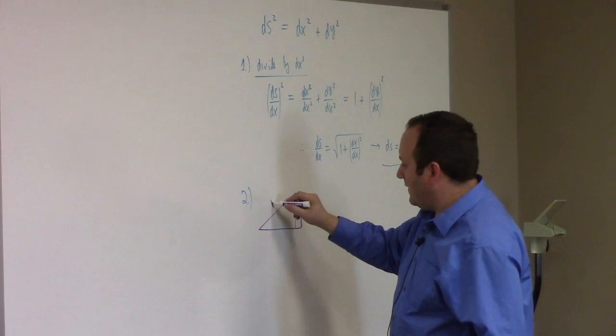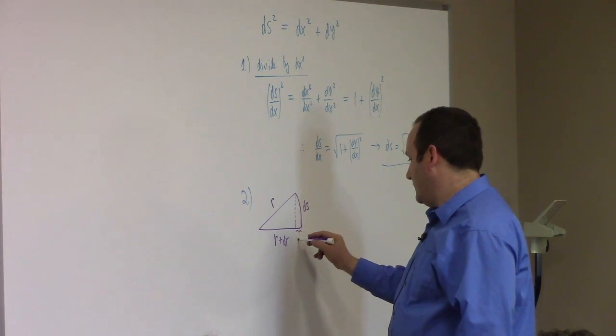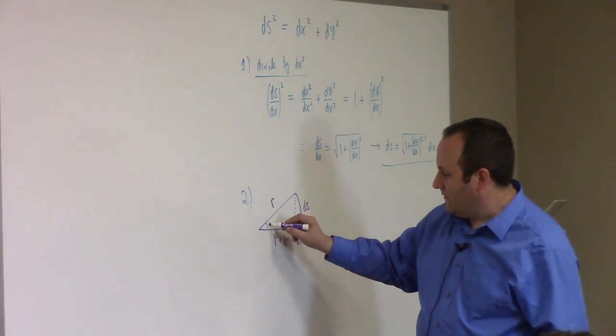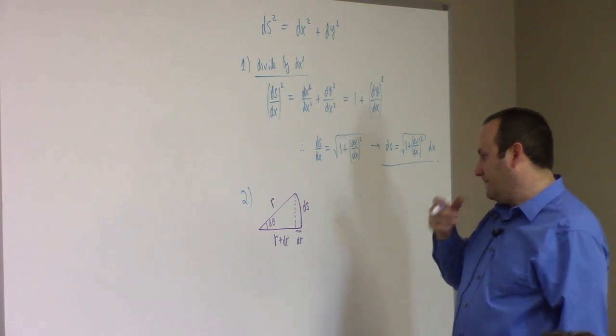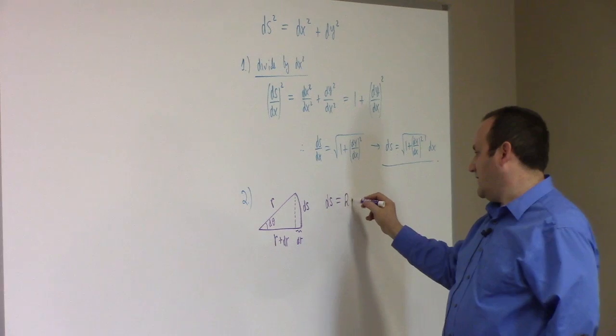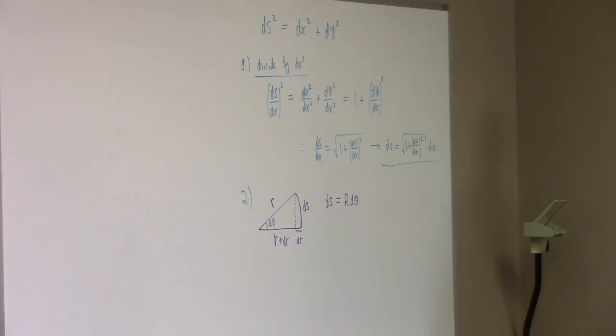And this is r, and this is r plus dr, but it's essentially the same thing. And this is a tiny triangle. So with d theta, we have ds equal to r d theta by the definition of radian measure.